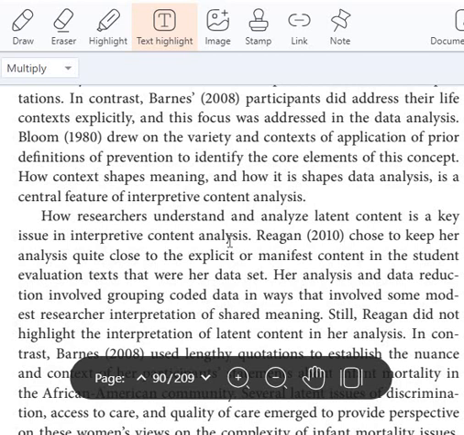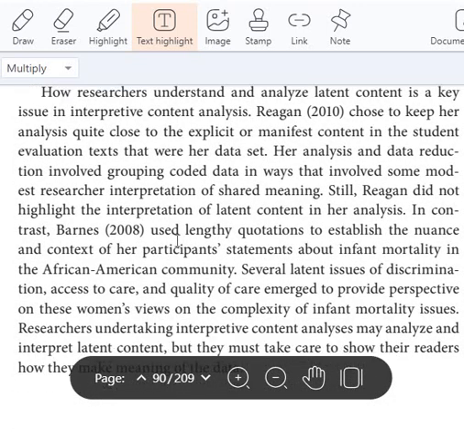Her analysis and data reduction involved what? Grouping coded data in ways that involved some modest researcher interpretation of shared meaning. Yeah, she highlighted the latent meaning actually. As for Barnes, in her study, she used lengthy quotations to establish the nuance and context of her participants' statements about infant mortality in the African American community.